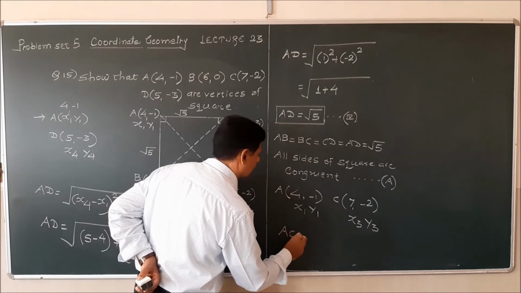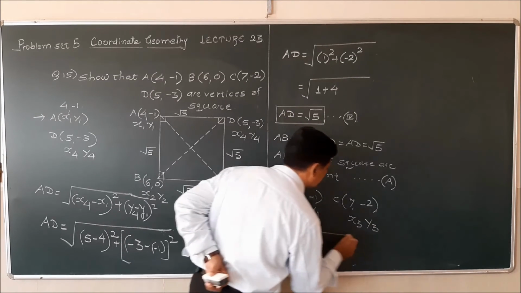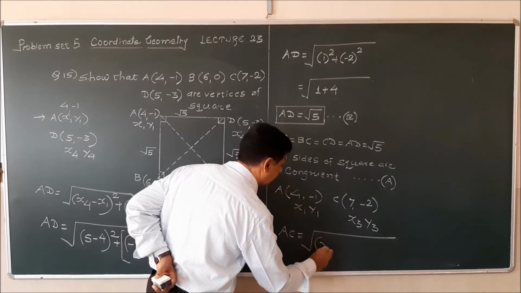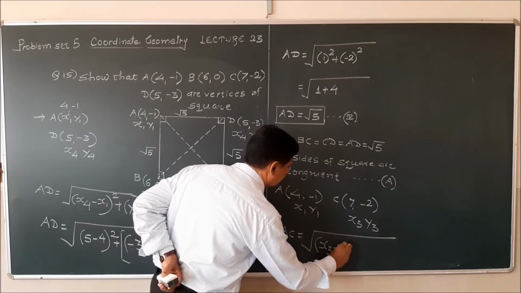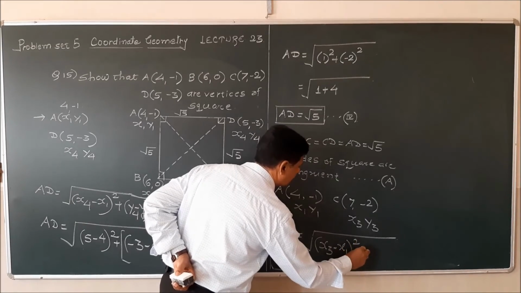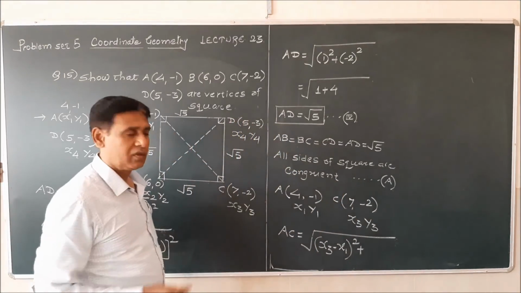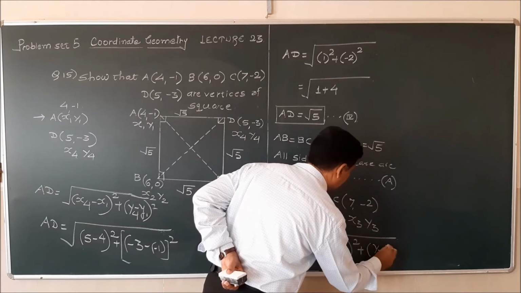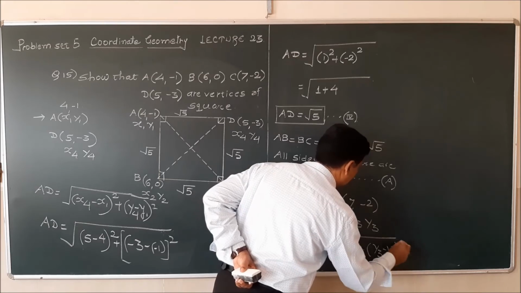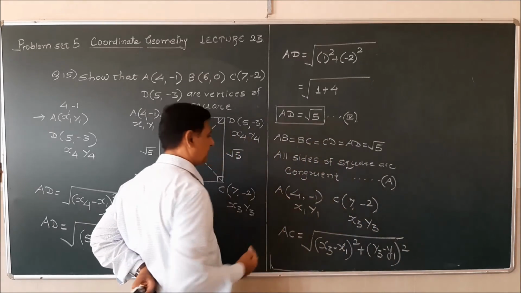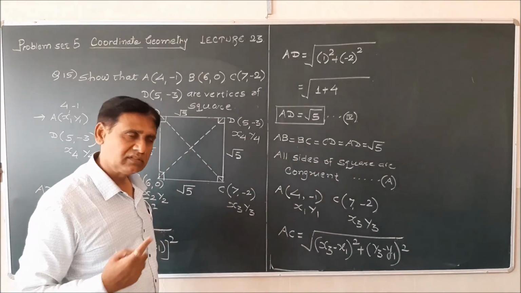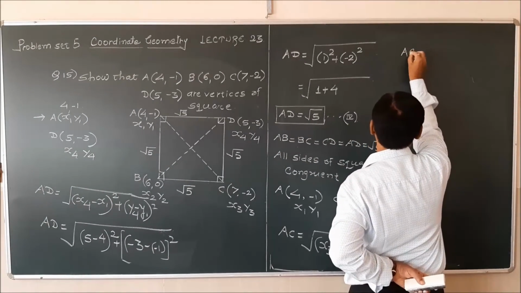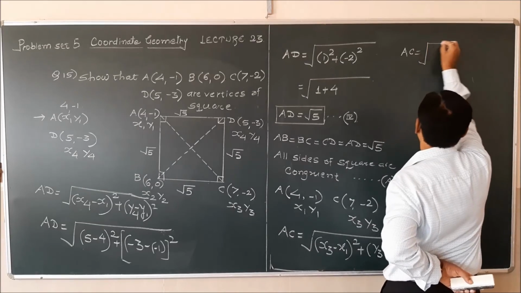AC is equal to, by the distance formula, the square root of x3 minus x1 the whole square, plus y3 minus y1 the whole square. Next step is to substitute the values.